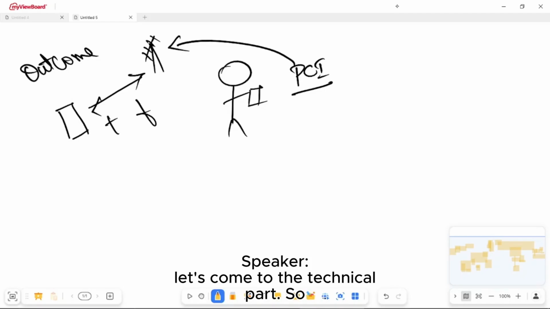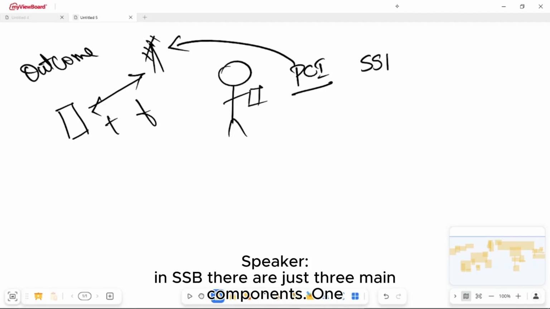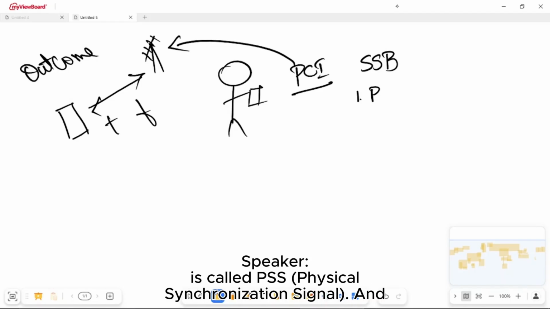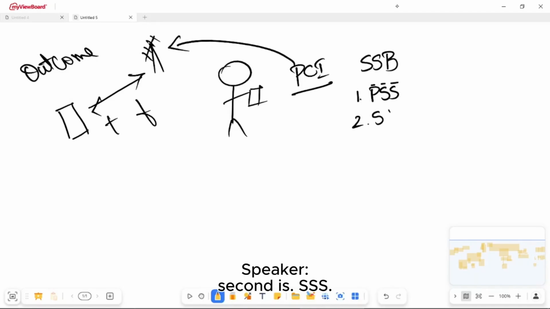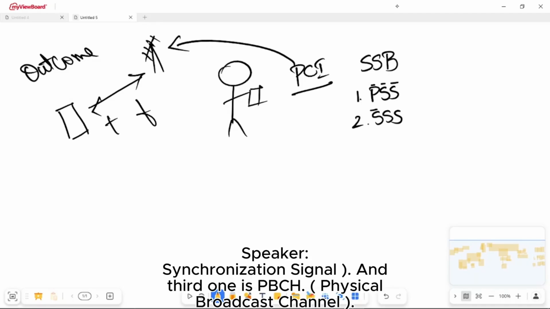Now let's come to the technical part. In SSB, there are just three main components. One is called PSS, physical synchronization signal, second is SSS, secondary synchronization signal, and third one is PBCH, physical broadcast channel.